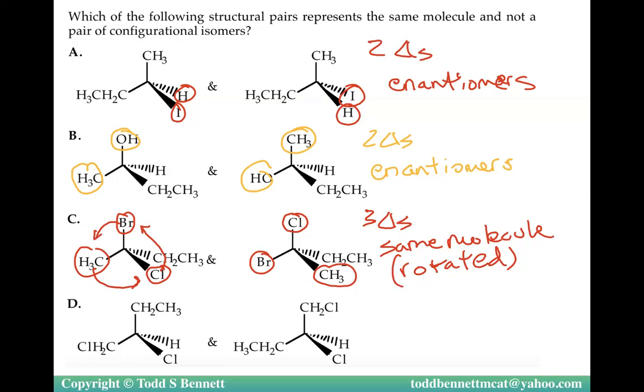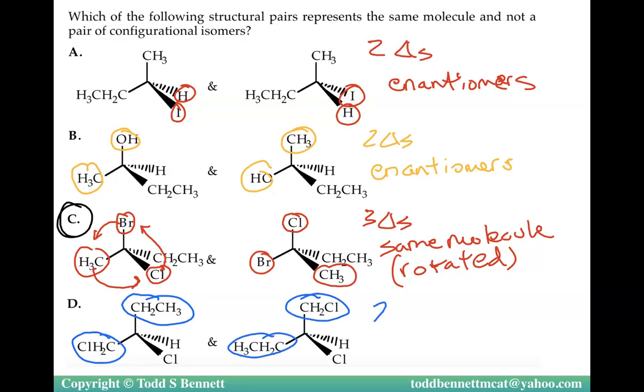So which one represents the same? So far, C. Not sure if this is multiple choice, but we'll figure it out in a second. The very last one, let's see what changed. H is in the same spot, Cl is in the same spot, but the ethyl and methyl chloride groups change. So 2 changes, therefore enantiomers.